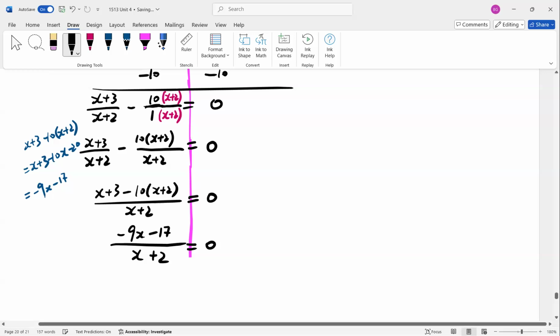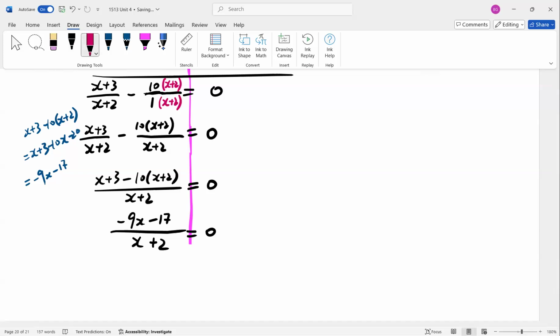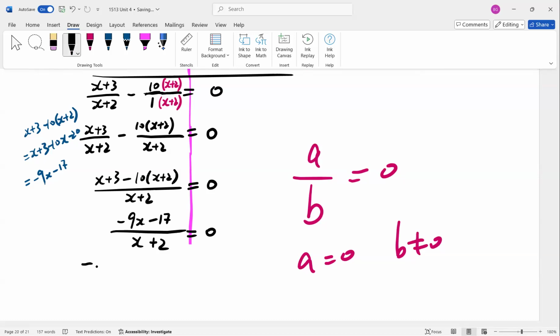If we have a rational expression equals 0, that means the numerator, similar to a fraction, okay? If we have a fraction equals 0, we know the numerator must be 0, denominator is not 0. Similar with this. So the numerator must be 0, negative 9x minus 17 equals 0, and x plus 2 cannot be 0.